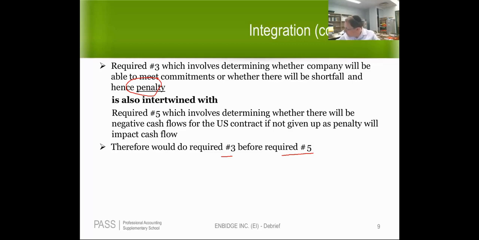What does that go into? Right. Excellent. Sarah saying cash flow. Very good. That's number 5. So there you got 3 and 5 integrating. Assuming we have a penalty, it affects our cash flow. So that means I would do the cash flow after I would do number 3 and 4.